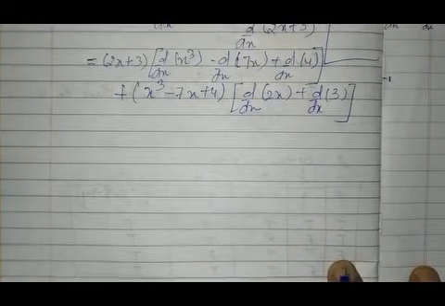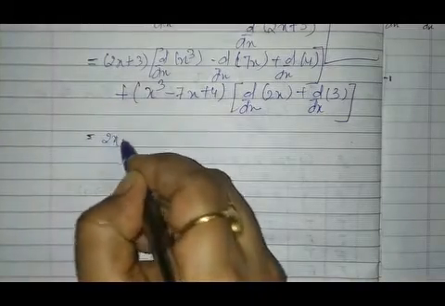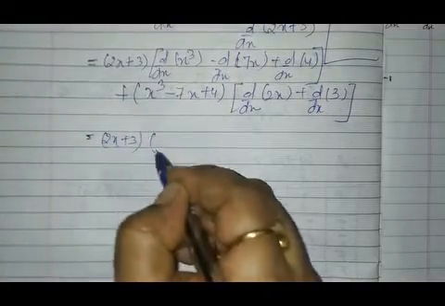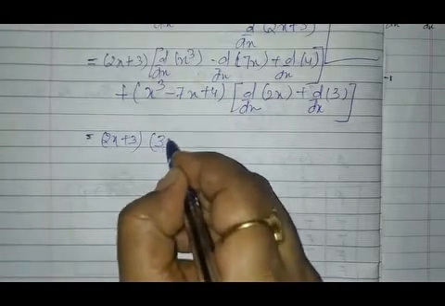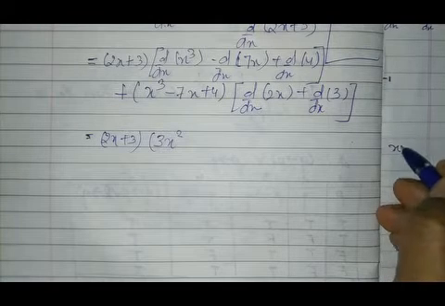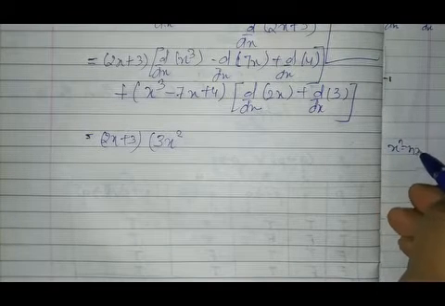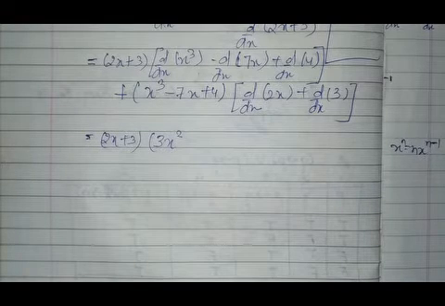Now d/dx of x³ is 3x², using the formula d/dx of xⁿ = n xⁿ⁻¹.